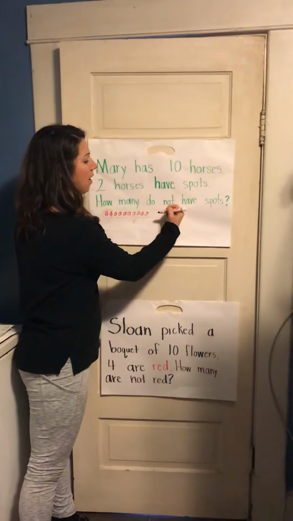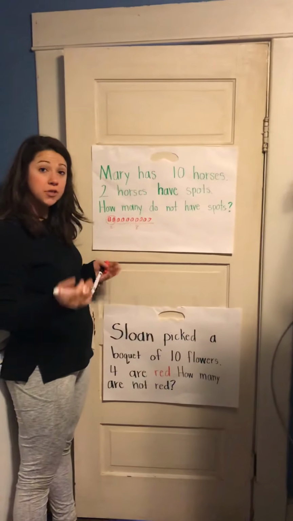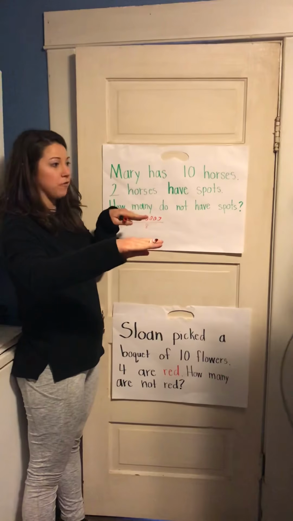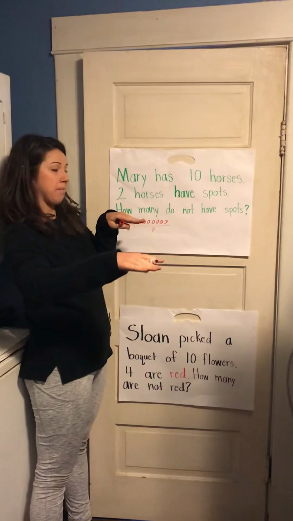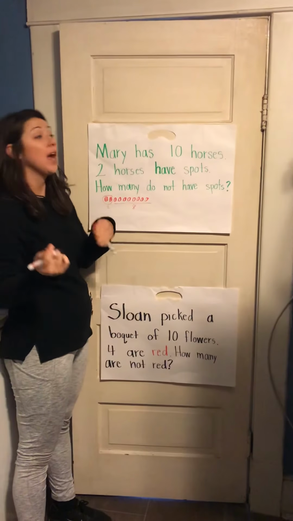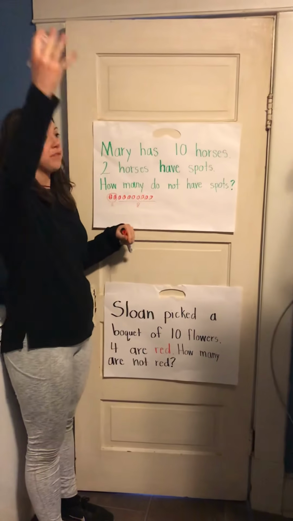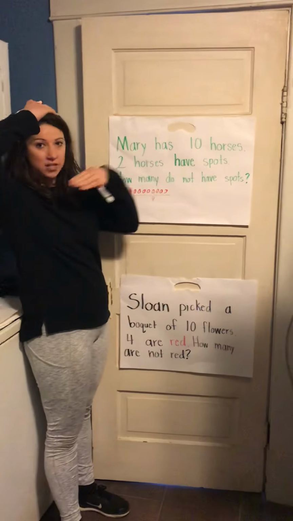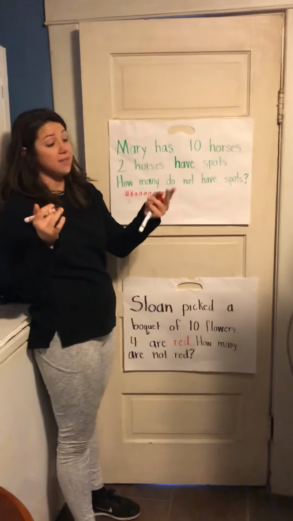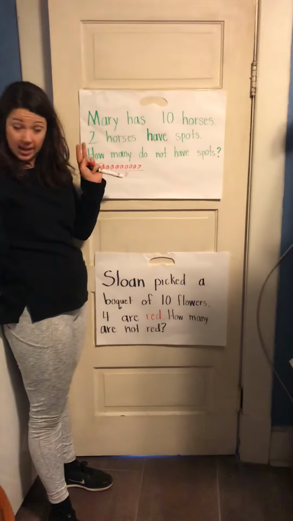I saw some girls use counters to show how 2 were over here with spots and the rest were over here, the 8 with not spots. I saw somebody do counting on. They said, well, if we have 2 already with spots, then the rest will be 10. So they went 2, 3, 4, 5, 6, 7, 8, 9, 10, and got to 8.